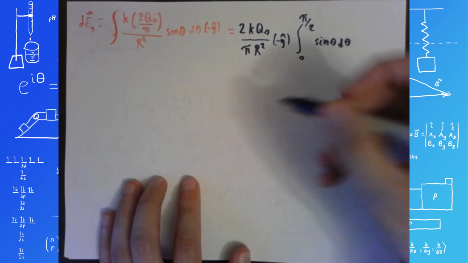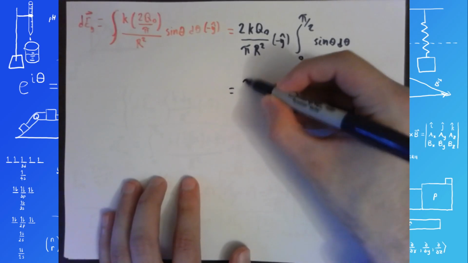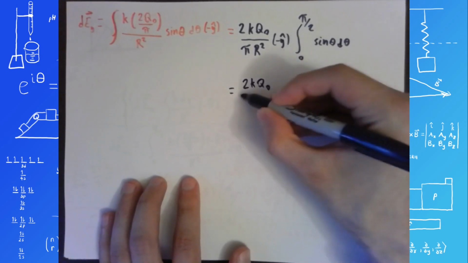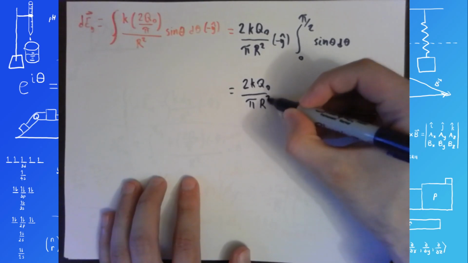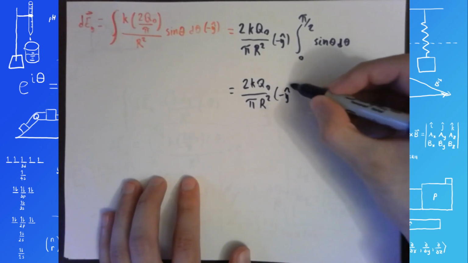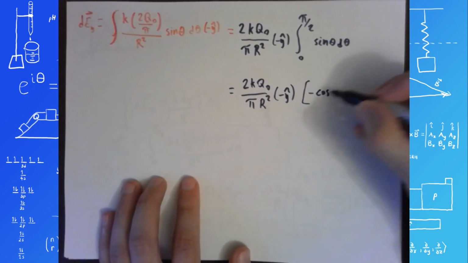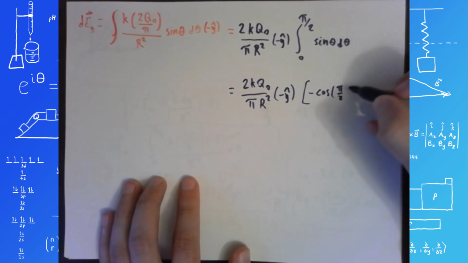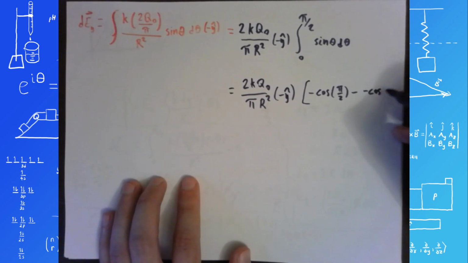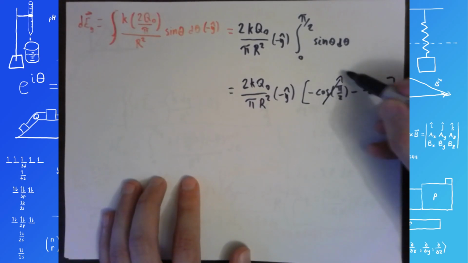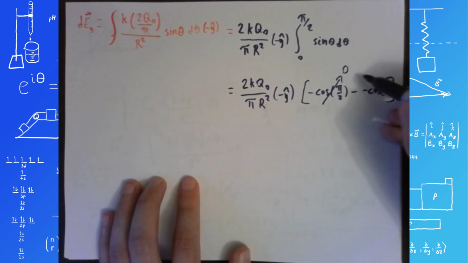Integral of sine theta is negative cosine theta, so I'm getting 2k q0 over pi big R squared negative y hat times negative cosine of pi over 2 minus negative cosine of 0. Cosine of pi over 2 is 0. Minus negative, that's a plus.